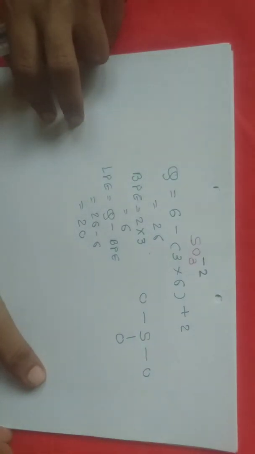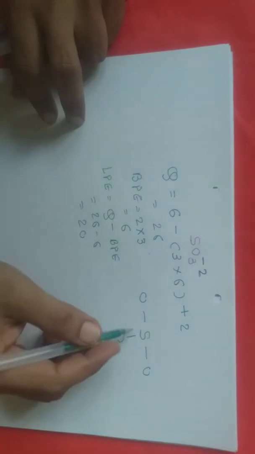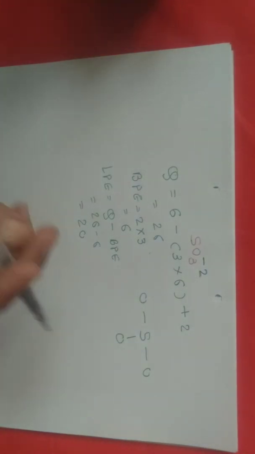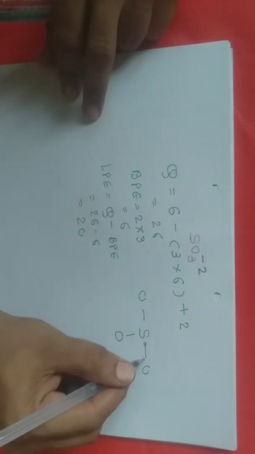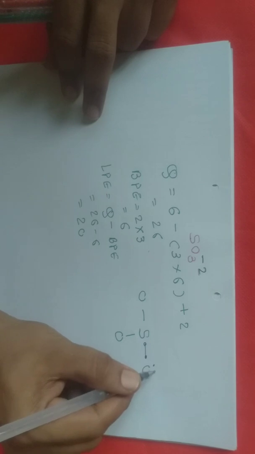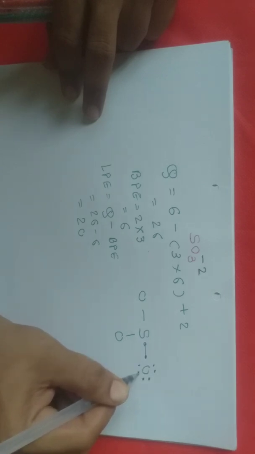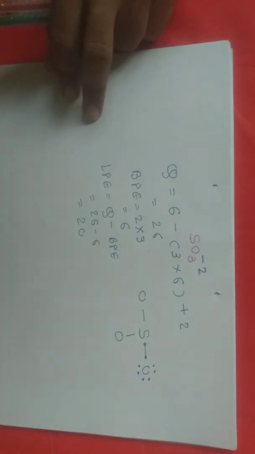Now I have to distribute these 20 electrons among all these 3 corner atoms in a way that each atom can fulfill its octet. So 1, 2 are there, 3, 4, 5, 6, 7, 8. Octet of this oxygen is already maintained.